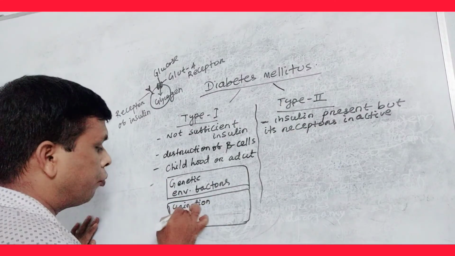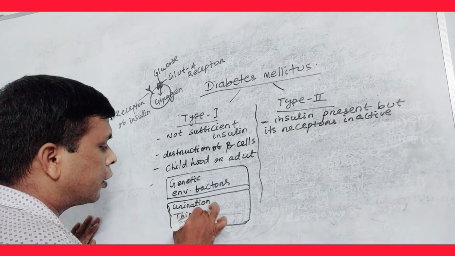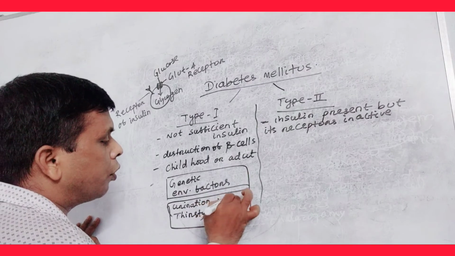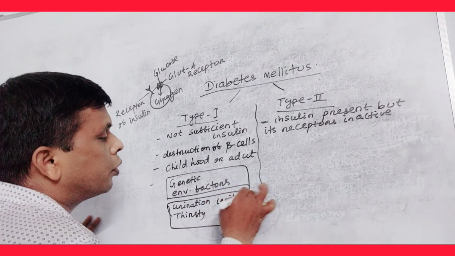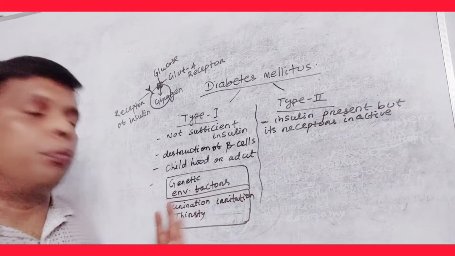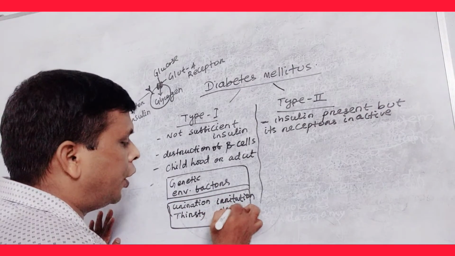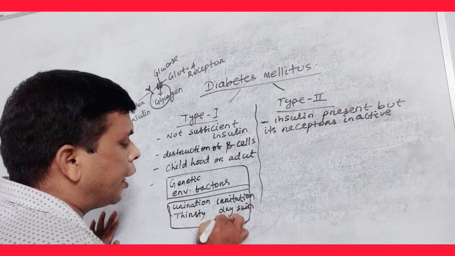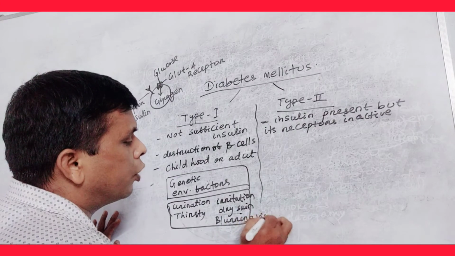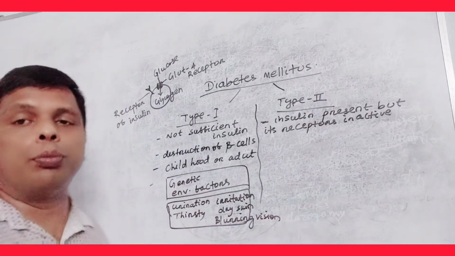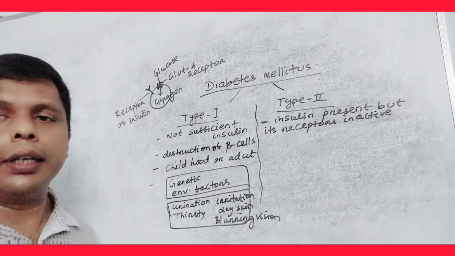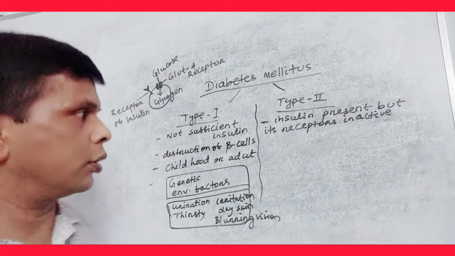The individual becomes thirsty, feels irritation, becomes very tired, the skin becomes dry, and there is blurring in vision. These are the basic symptoms of type 1 diabetes mellitus.